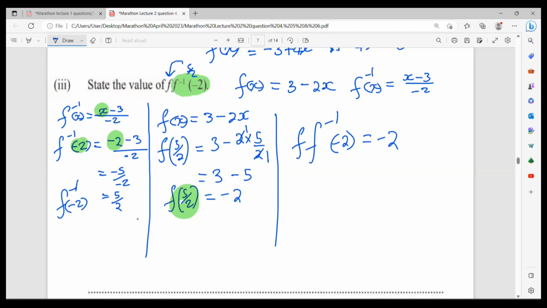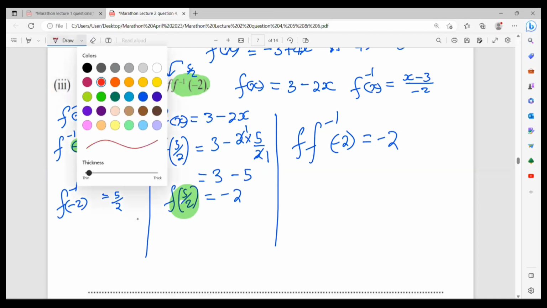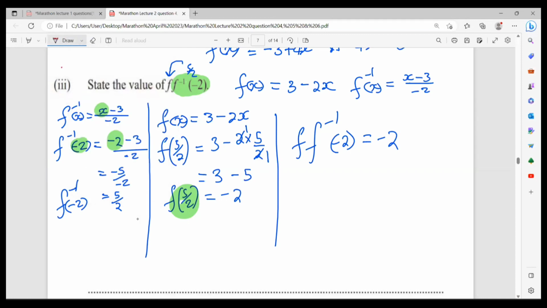So basically, while people are writing, I'm just going to explain something here. If we have G of H of M of T of X of 2, it doesn't matter.